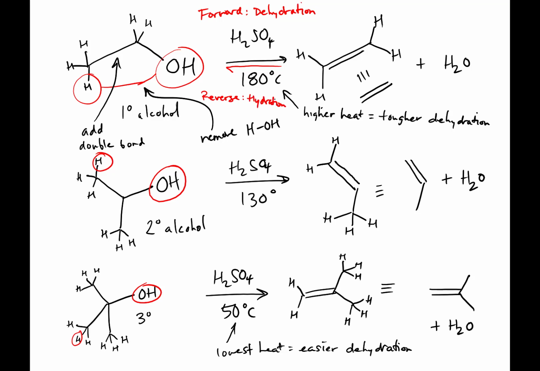So let's say I wanted to favor the formation of the alcohol. What would I want to favor? I would want to favor the reverse reaction. So if I want to favor alcohol, which is the reactant in this case, the way I've written it, what would I do?